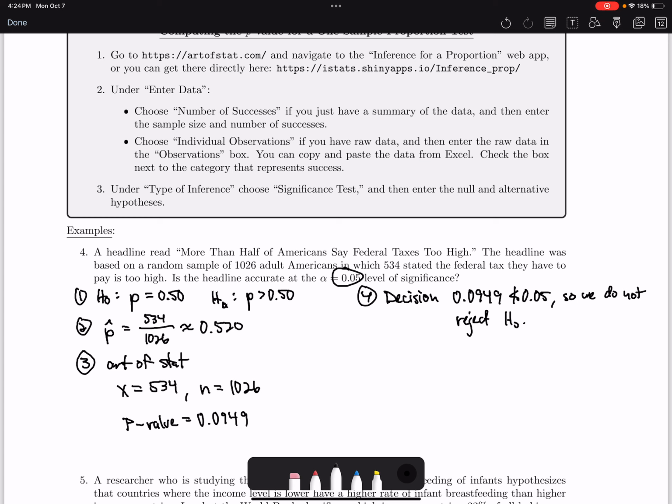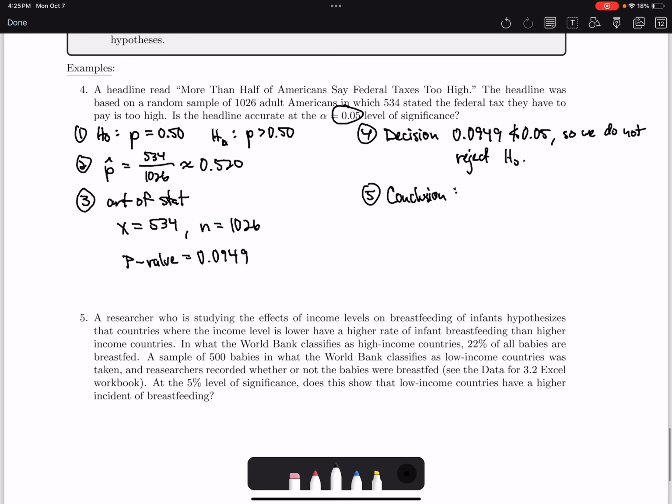Then our conclusion would say something like, there's not sufficient evidence to support the claim in the headline.